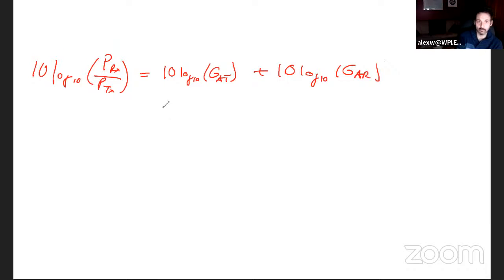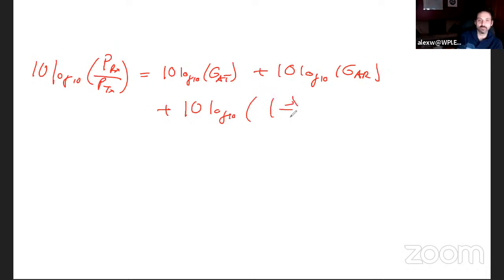Now, here's the other stuff. It's going to be 2 because it was squared. So it's going to be 10 log 10. What is it again?